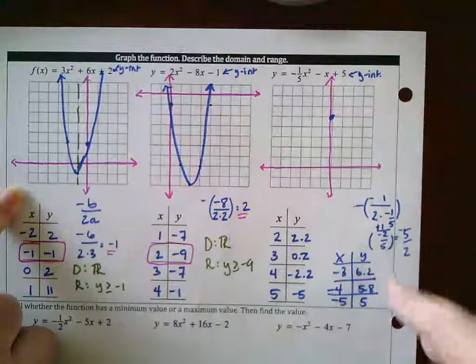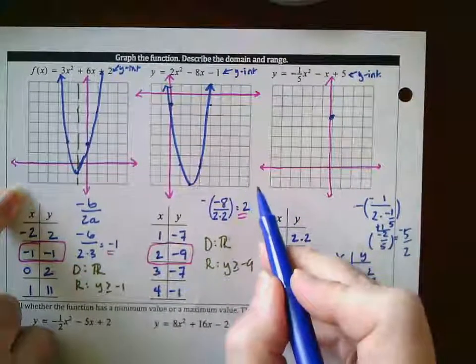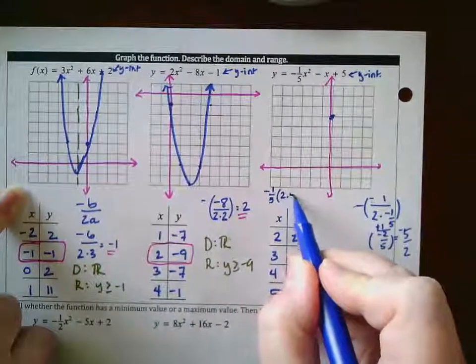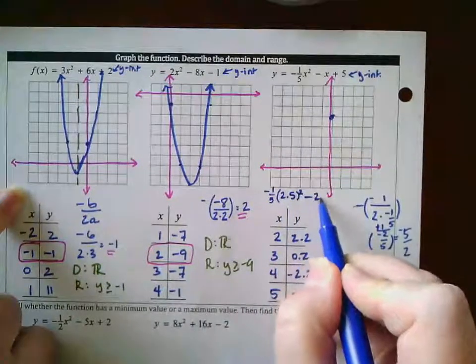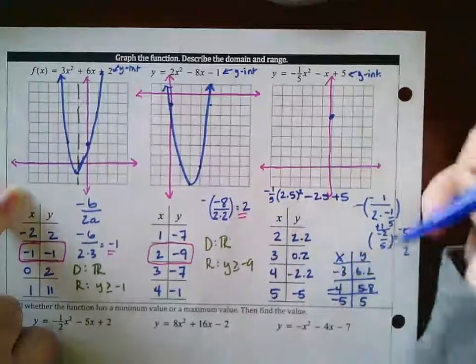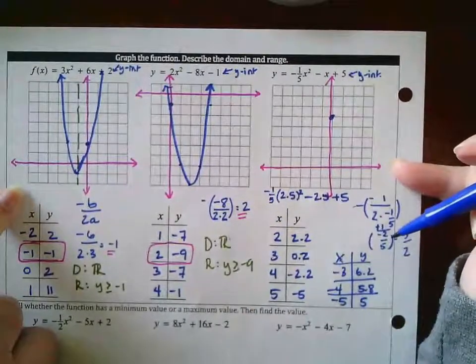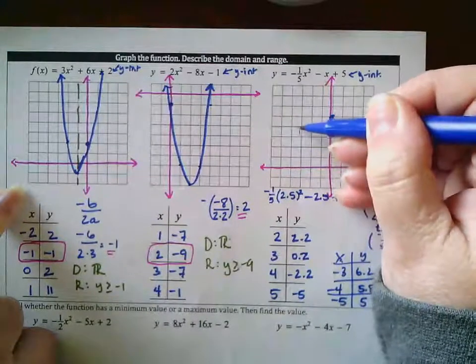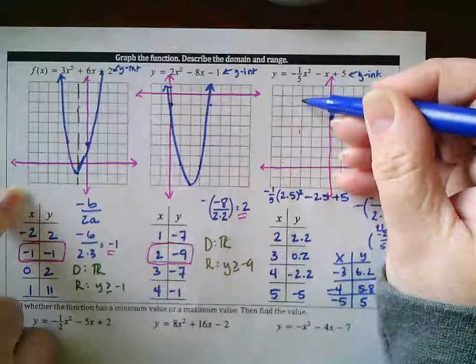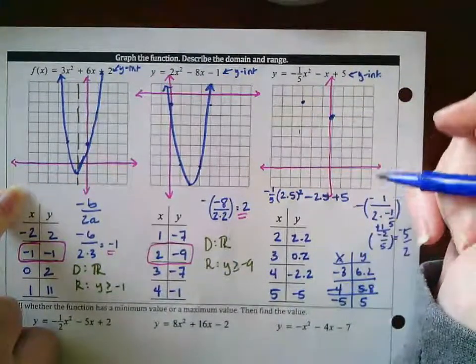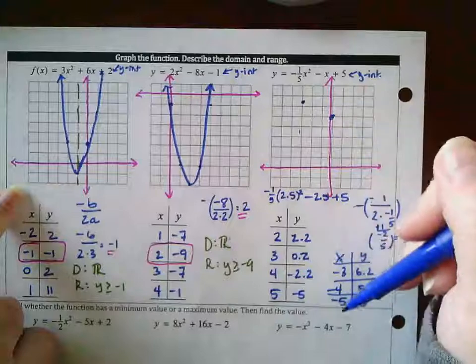And if I plug that back in, I get -1/5 times 2.5 squared minus 2.5 plus 5, and you would get where that vertex is exactly. And it's somewhere around 3, right about there. And you can plug in some of the other numbers too.